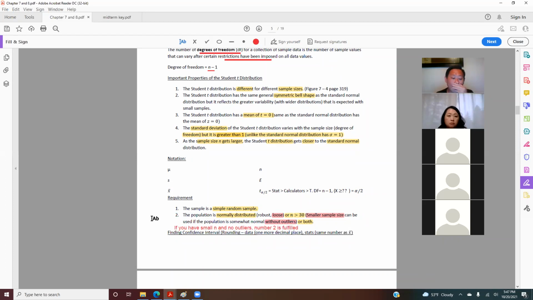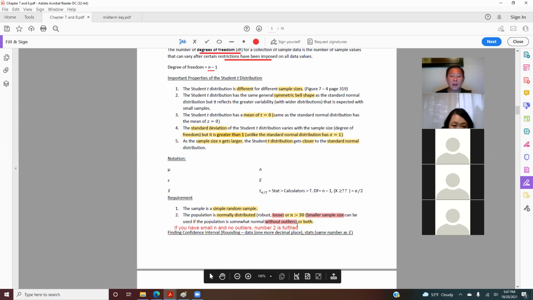Okay, so this is the loose requirement. If you have a small sample size and you figure out that there are no outliers based on this small sample size, then we fulfill number 2. If there are outliers, then you cannot.